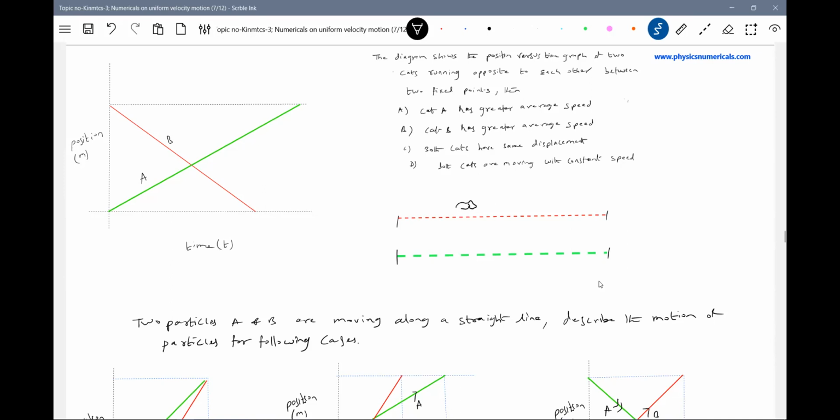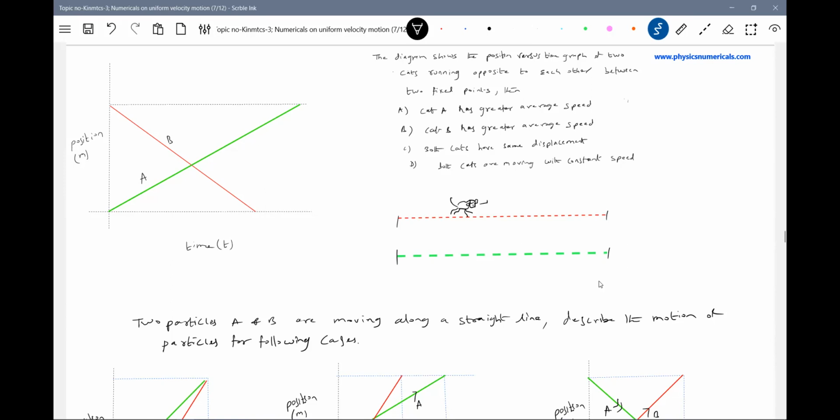It's appearing like a dog. There's a cat, so it is running.